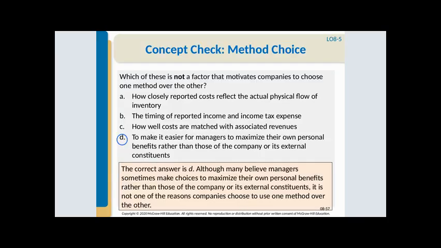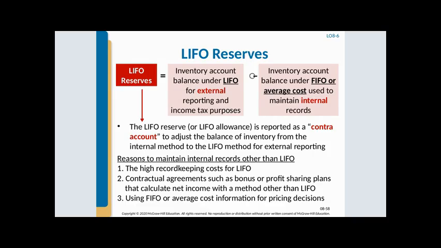So what happens is that most companies consider FIFO, or average cost, to actually follow the actual flow of the merchandise. And so therefore they might use FIFO for their internal records, but when they are issuing the financial statements for third-party users, they're going to use LIFO.